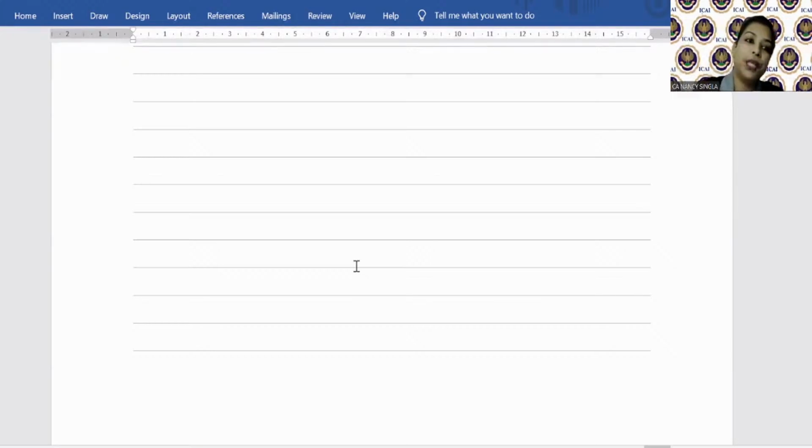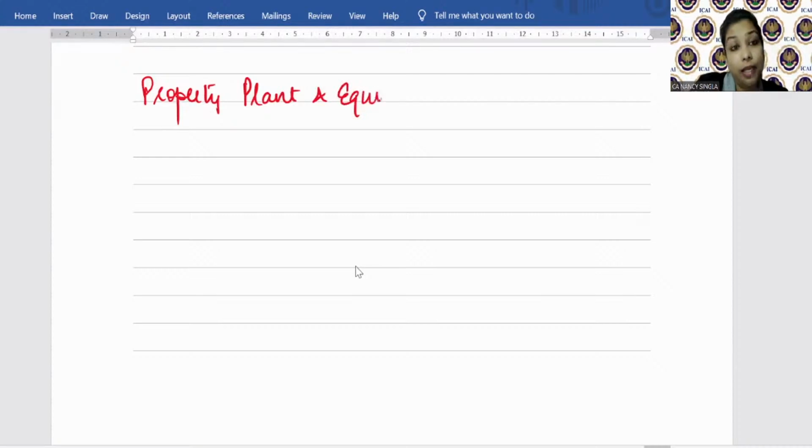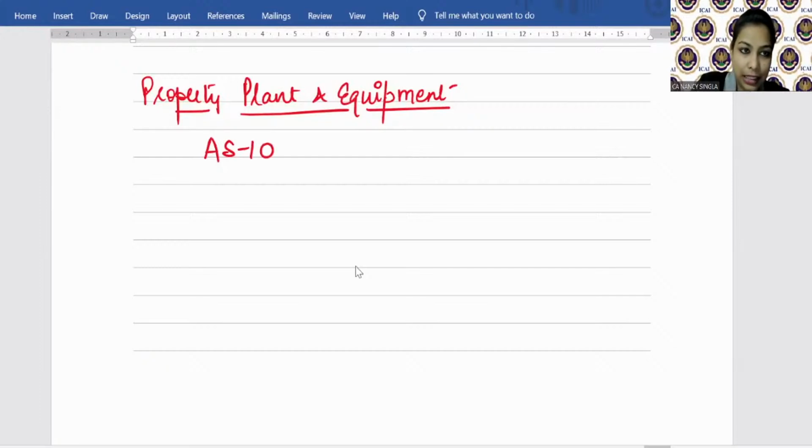Property, plant and equipment. And I'm sure whatever question I'm going to ask you, you all will be able to answer correctly. Okay. So many of you are saying, ma'am, AS 10 comes to our mind, which is absolutely correct.